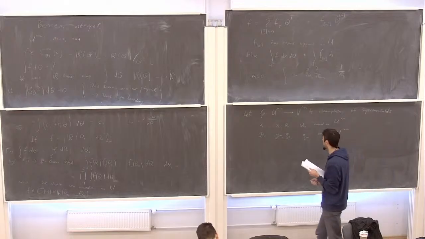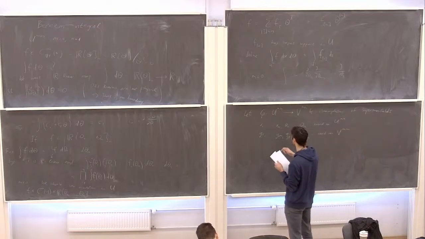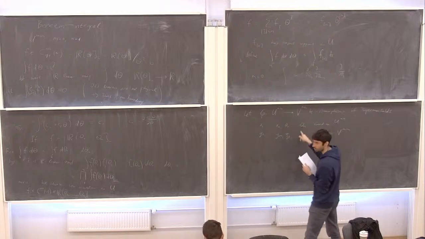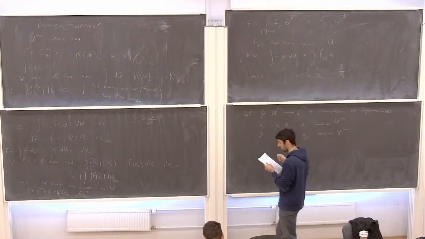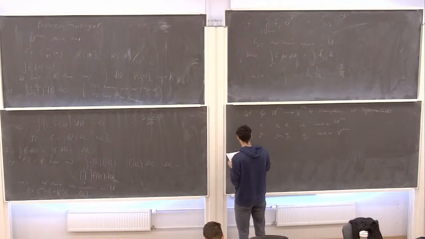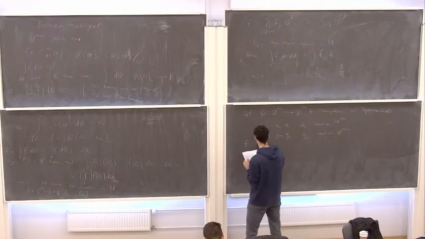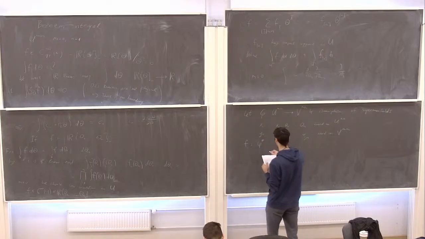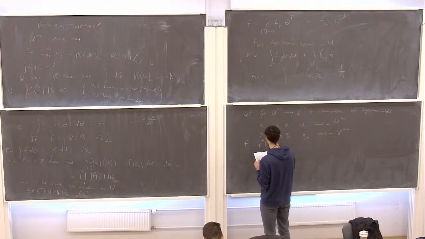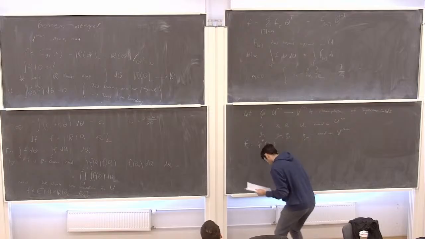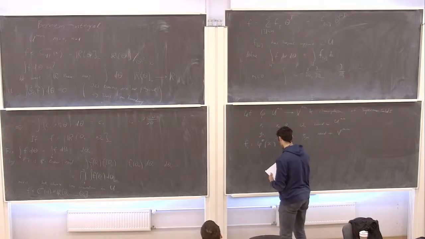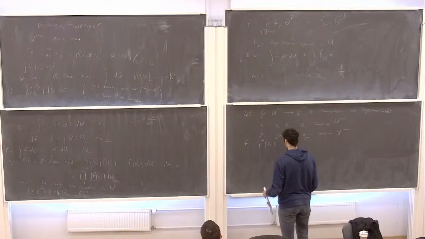And let me consider the pullback of y with respect to phi and of psi with respect to phi. So I'm just introducing notation. So f_i is the pullback with respect to phi of y_i.